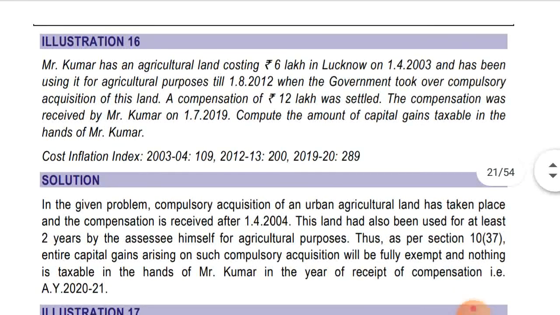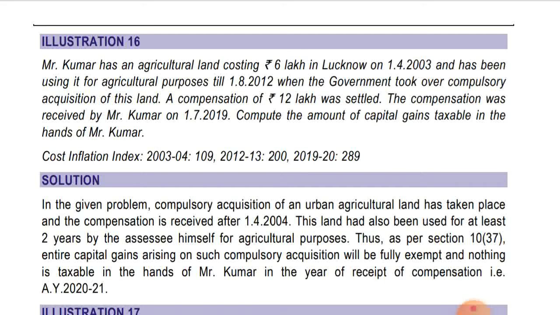Mr. Kumar has an agricultural land costing 6 lakhs in Lucknow on 1st April 2003 and has been using it for agriculture purpose till 1st August 2012, when the government took over the land on compulsory acquisition.